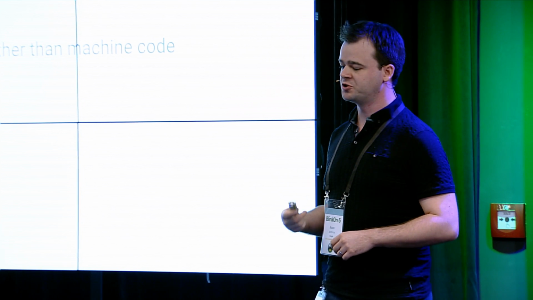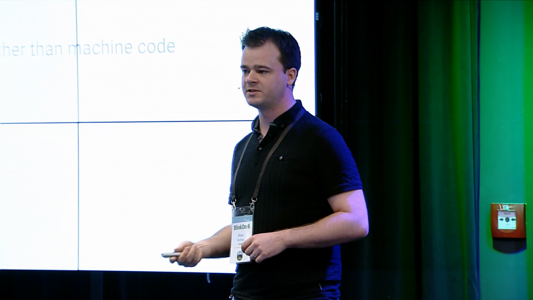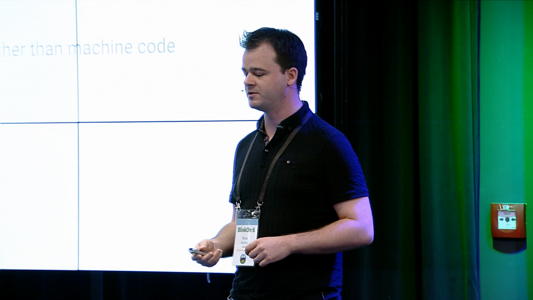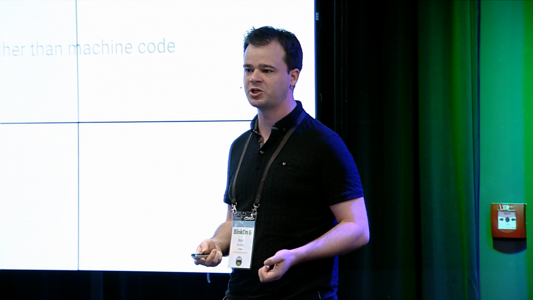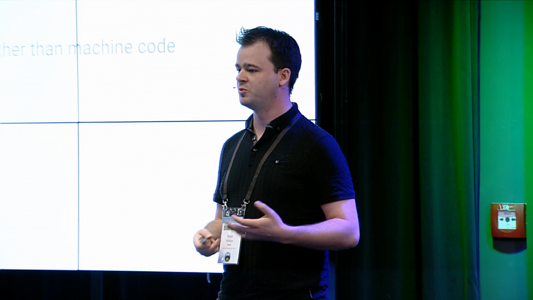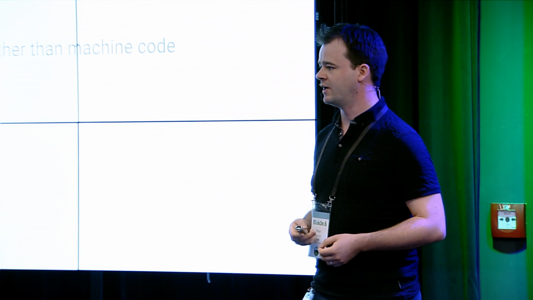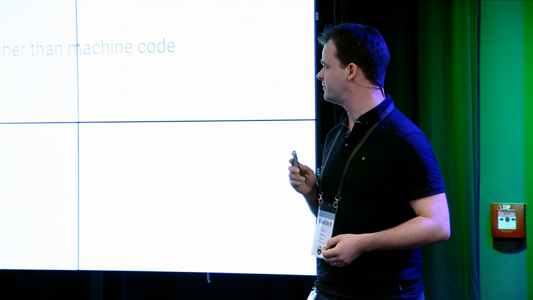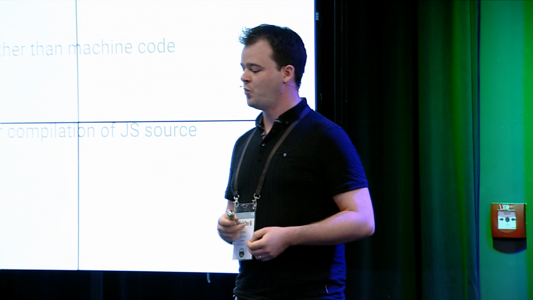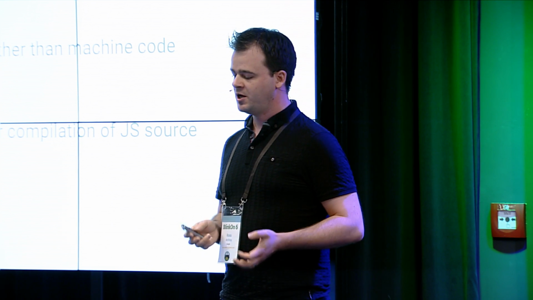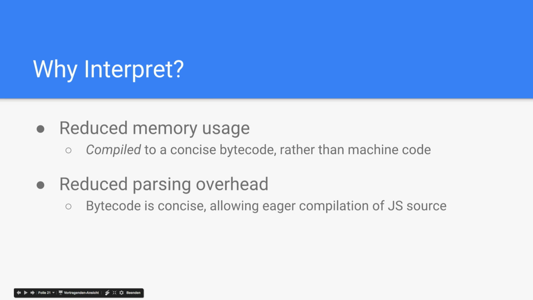So there's reduced memory usage. Rather than compiling to machine code, we're compiling to a concise bytecode that can be much smaller. And so we can reduce the memory usage, particularly of functions that are not executed very often. We can reduce the parsing overhead. Probably not in the way you think. This is a bytecode interpreter, so we are still compiling to bytecode.